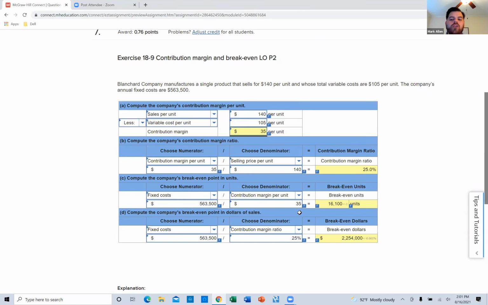Next, they've asked us for break even in units. These are 2 incredibly important formulas you must know for the exam, as well as anything related to contribution margin. Contribution margin ratio, you're going to have to know. Contribution margin, you're going to have to know.